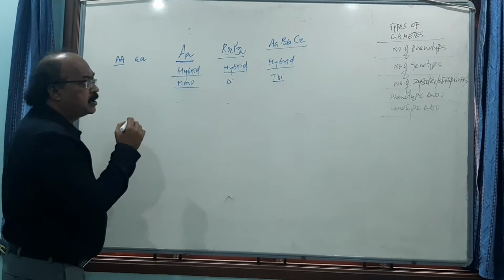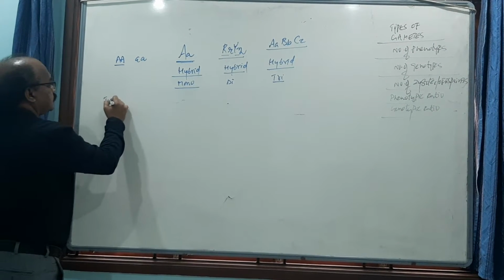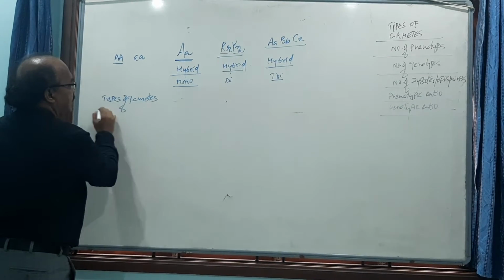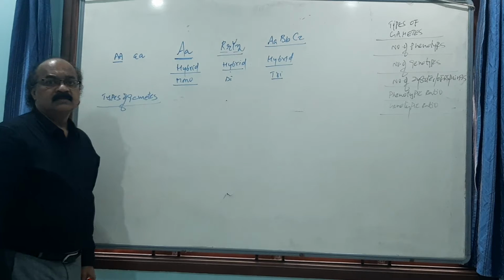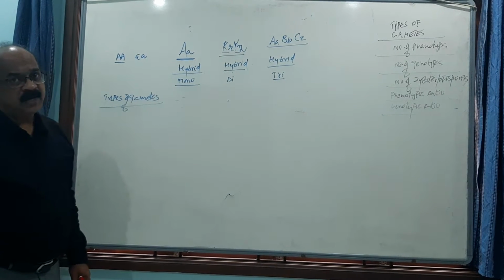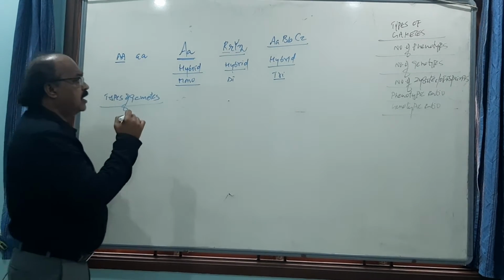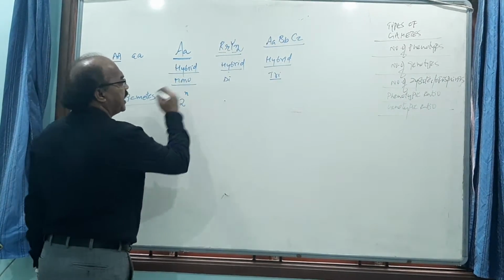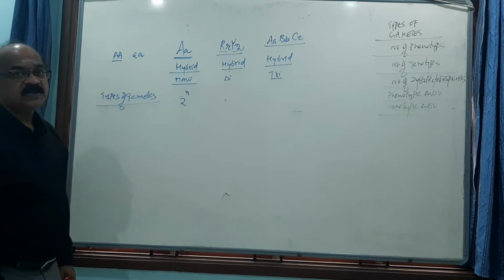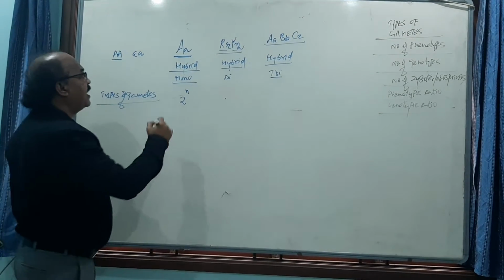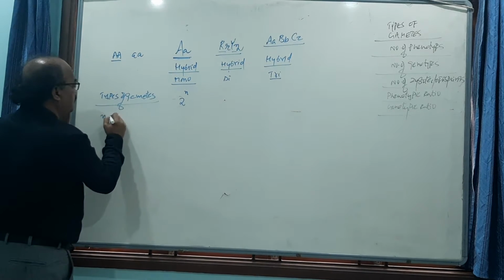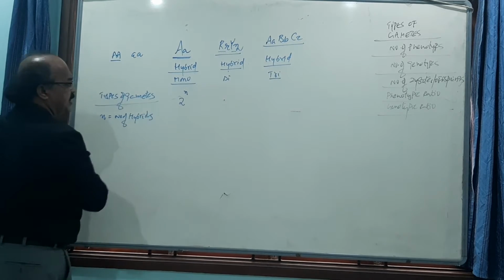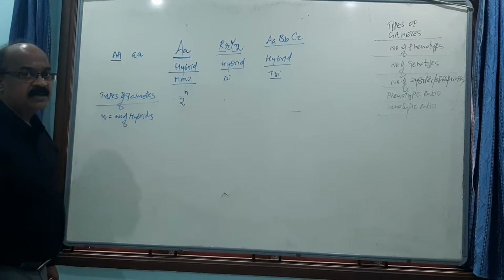Now, in order to calculate the types of gametes, a simple formula is 2 raised to n, where n is equal to the number of hybrids.